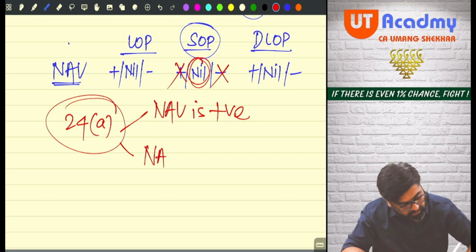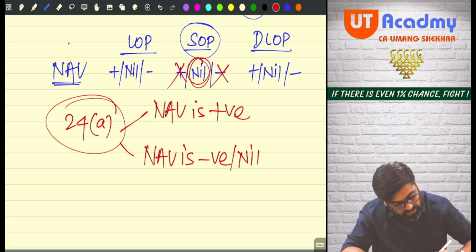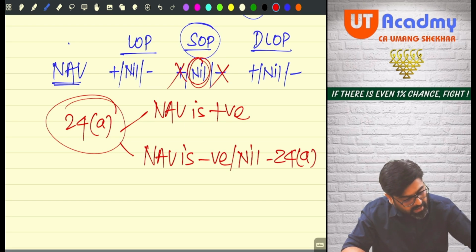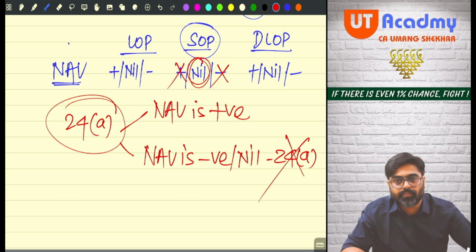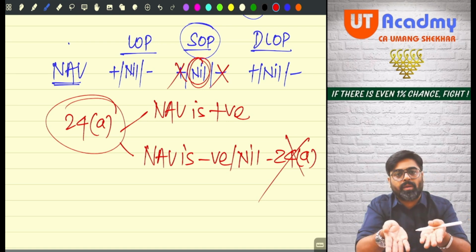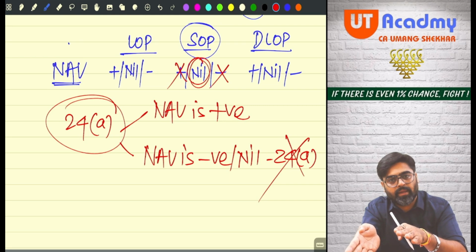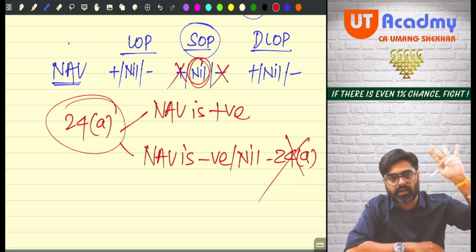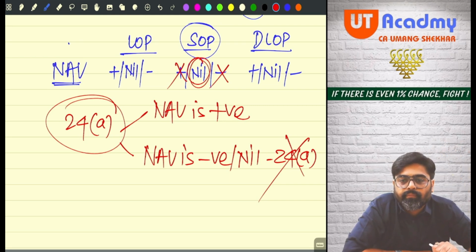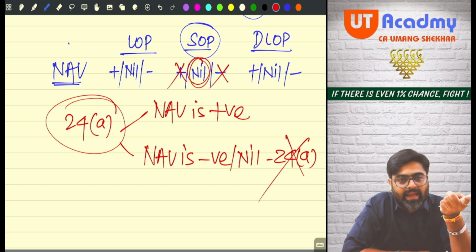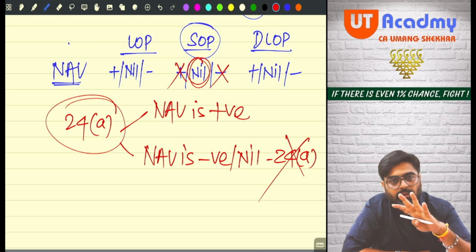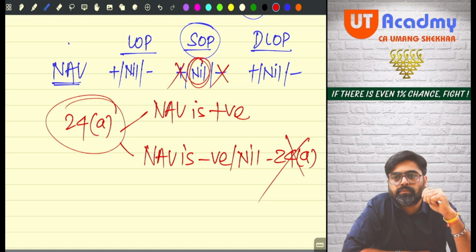If the NAV is negative or nil, it is not available to you. So in order to claim it, please check that your NAV has to be positive. Positive NAV, take 30% of that as standard deduction. Done. Getting my point? For example, NAV is positive 1 lakh. 30% of that, 30,000 flat deduction.